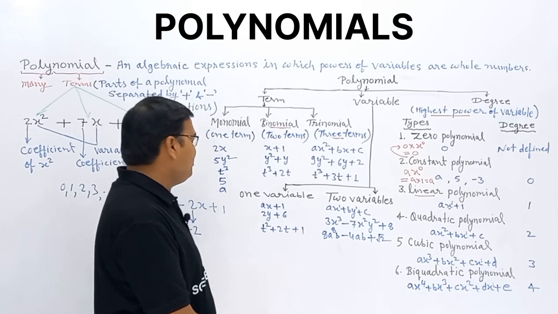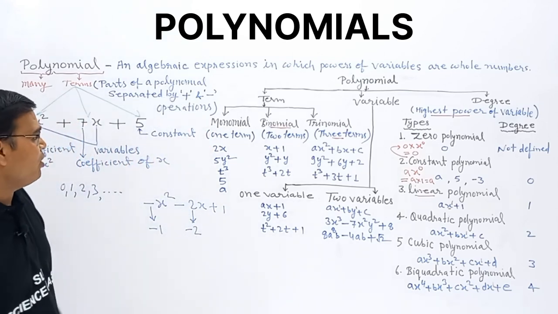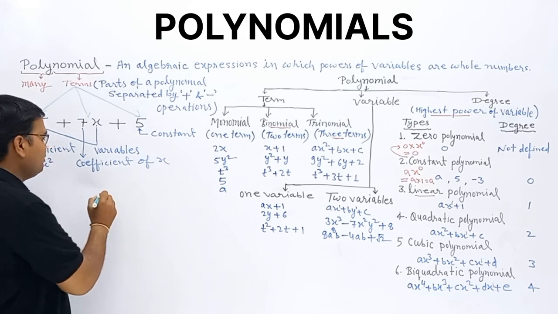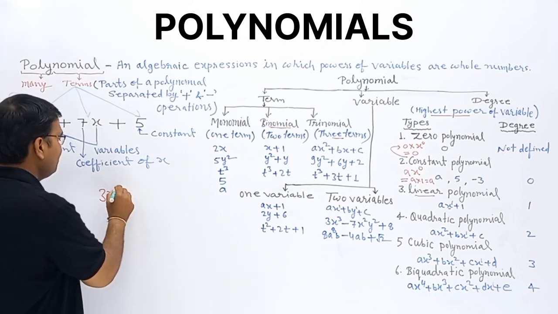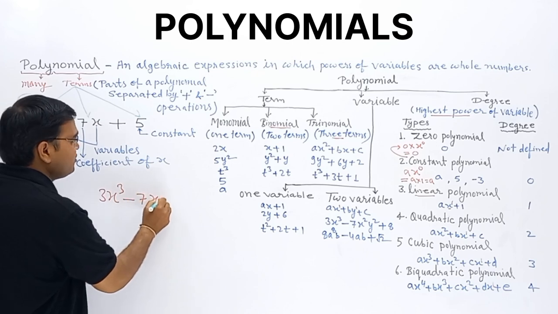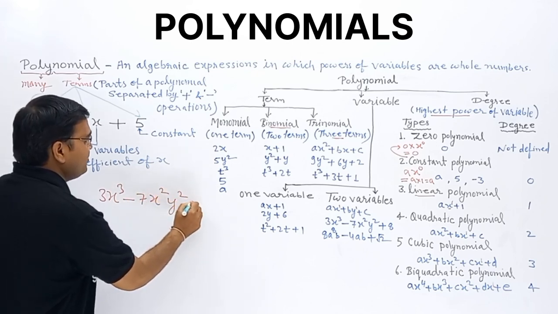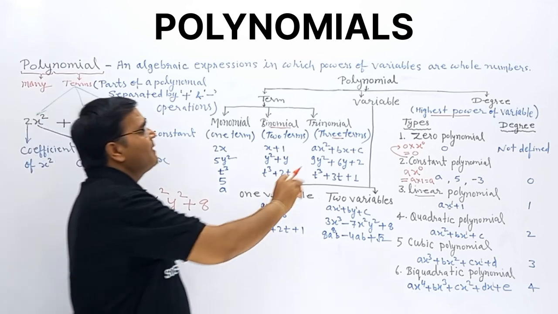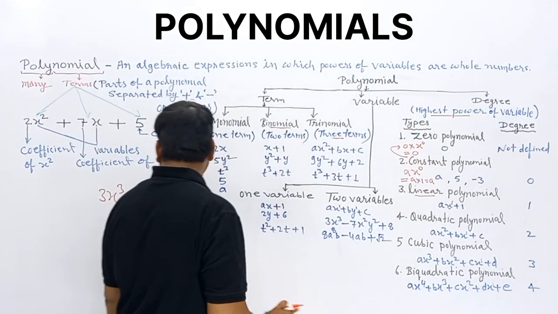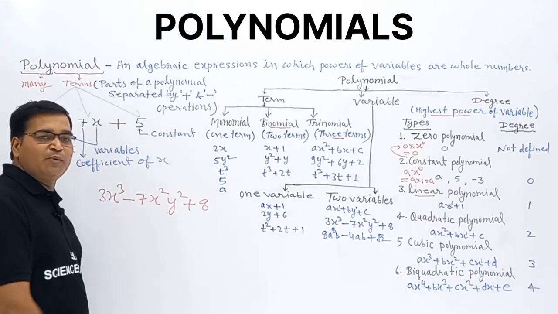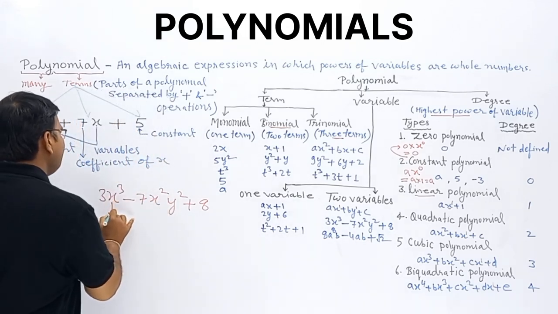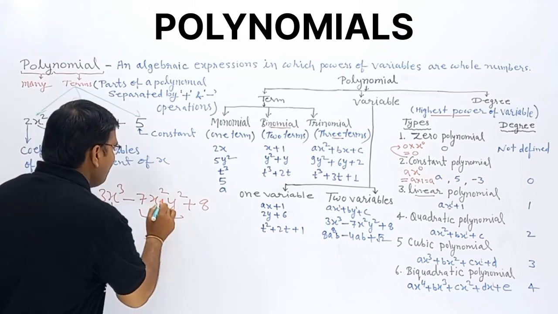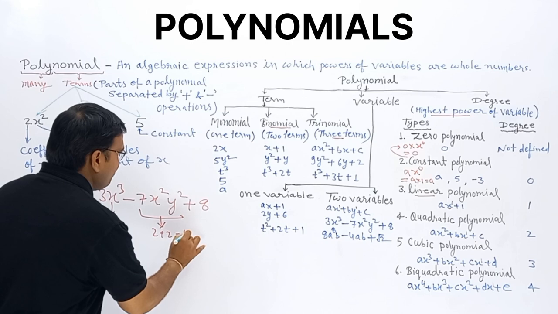So what we can say? What will be the degree of this one? I am writing there. Observe this one. For 2 variables, how will we find the degree? I have one question: 3x cube minus 7x square y square plus 8. Now what will be the degree? Degree is the highest power of variable. Now in which we have 2 variables? This term has maximum power 3, but this term has maximum power 2 plus 2, 4.